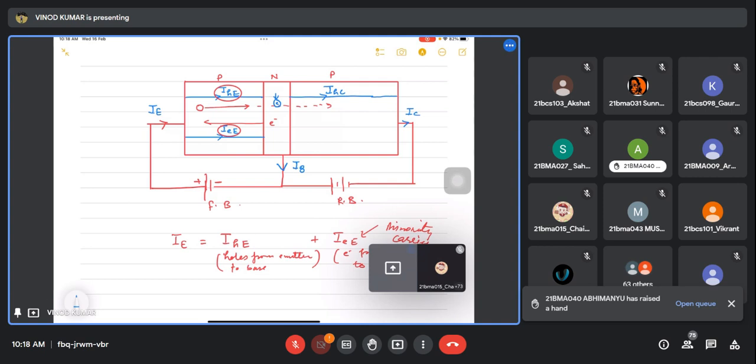So 5% of holes here are going to recombine here, so 5 electrons must enter into this, and this is going to be the base current.